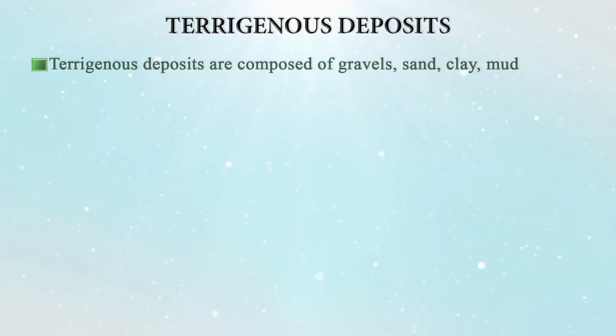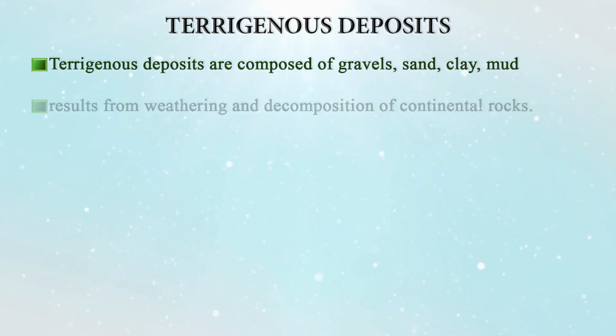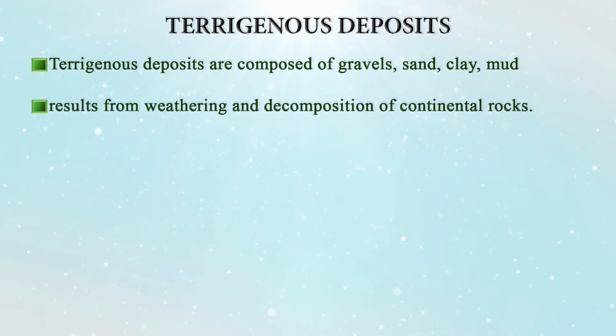Now again in terrigenous deposits, I will not go into the introduction because we have already become acquainted with these deposits. They are continental in origin, and they are composed of gravel, sand, clay, mud, which result from the weathering and decomposition of continental rocks.